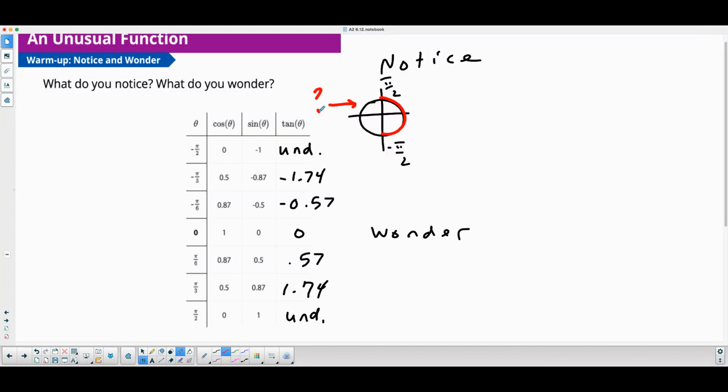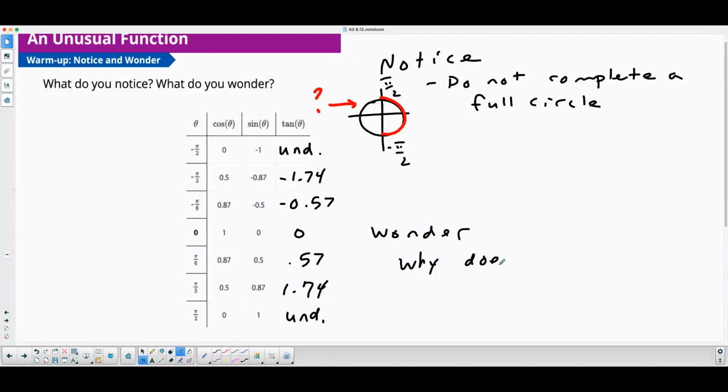I don't do any of that. So I'm going to definitely notice right away that we do not complete a whole circle. I'm going to wonder, why does the table stop?